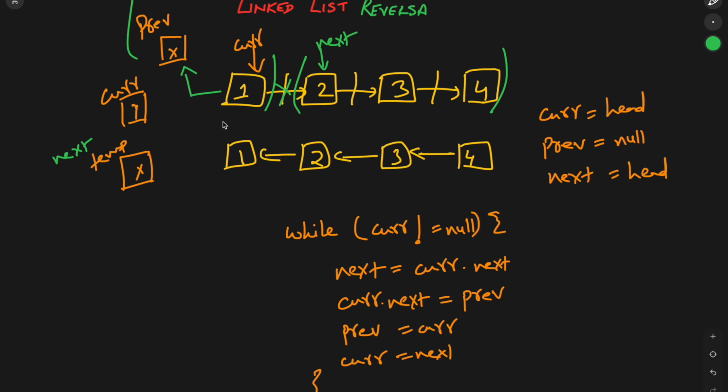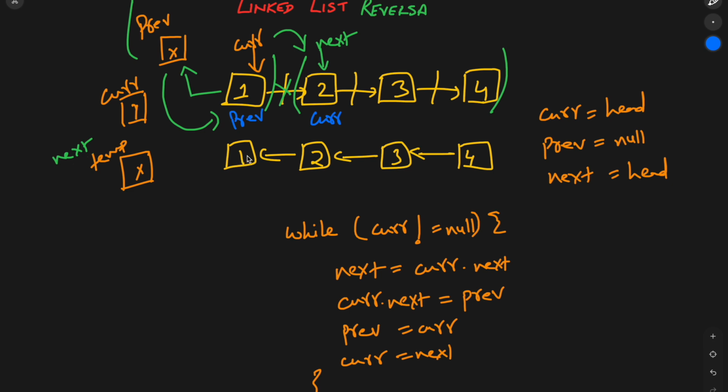Then the next step is to move forward the two pointers that we have. The first one is previous. So previous will start pointing to current, and current will start pointing to next. At this point, this is now current and this is previous.